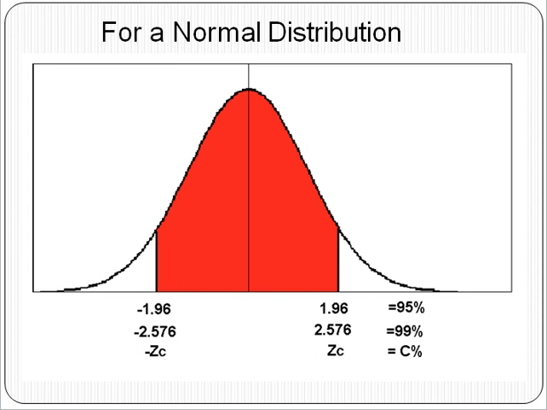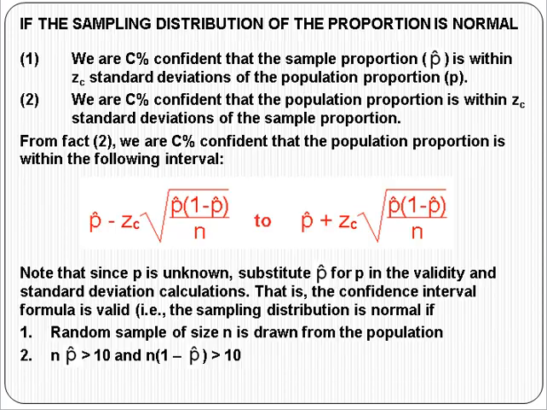Okay, let's put those two facts together. If we know we have a sampling distribution of a proportion that's normal, in other words, if it meets the validity conditions, then we are C% confident that the sample proportion is within z sub c standard deviations of the population proportion. So if we go up z sub c standard deviations and down z sub c standard deviations, we have a C% chance that the sample proportion is in that interval.